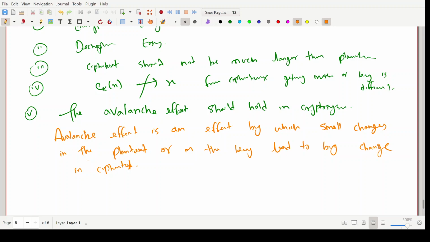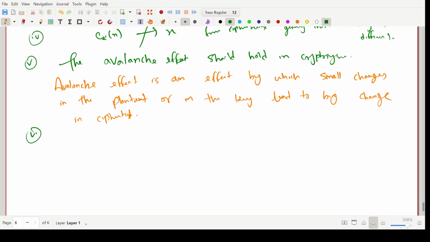And the sixth one, the crypto system should not be closed under composition. What do you mean by that?